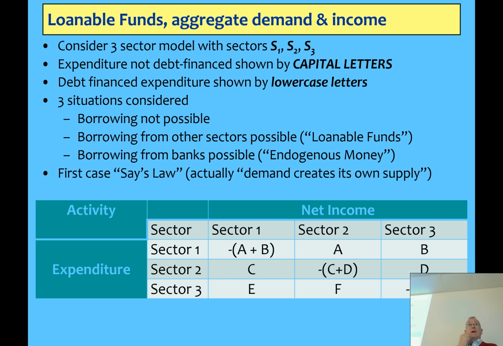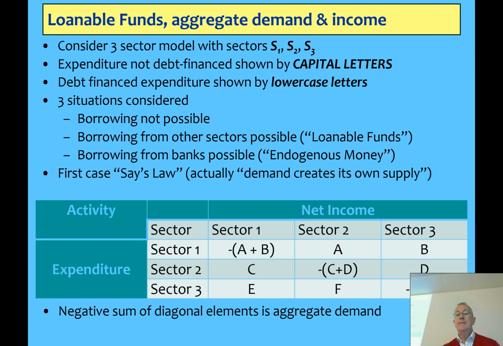Each of the individual net incomes can be different to zero, but the sum is also zero. Okay? Which is why we talk about aggregate income rather than net income, because net income is zero. Okay? If this one sums to positive, these two sum to the exact equal negative. And that necessarily applies. So this is a logically tight way of thinking about expenditure and income, and therefore the diagonal axis defines aggregate demand.